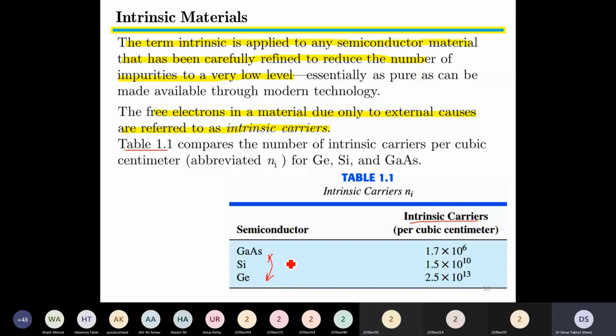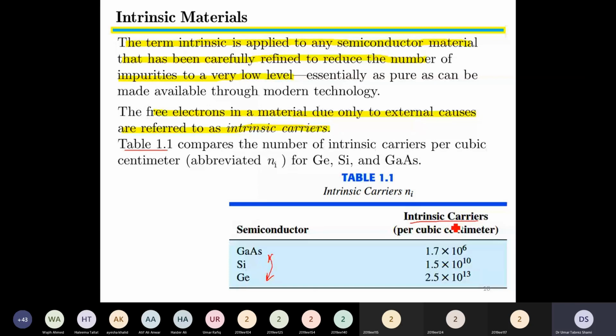Please listen carefully: in this table we see three semiconductors, gallium arsenide, silicon, and germanium. Gallium arsenide has the least intrinsic carriers. Germanium has the maximum intrinsic carriers. This means that germanium is the poorest, the least preferable, because when light falls on germanium, I'm giving an example only, it will release 2.5 × 10^13 intrinsic carriers, which is not good.